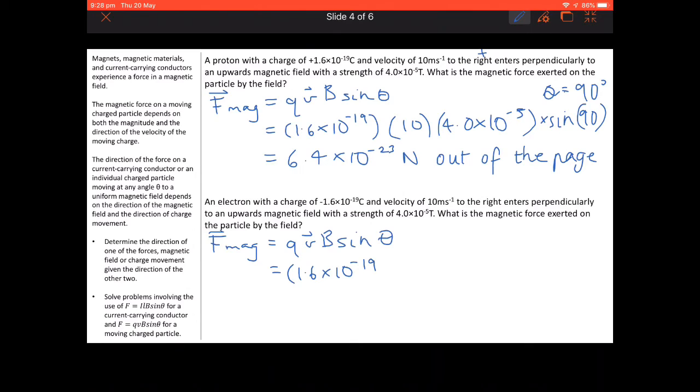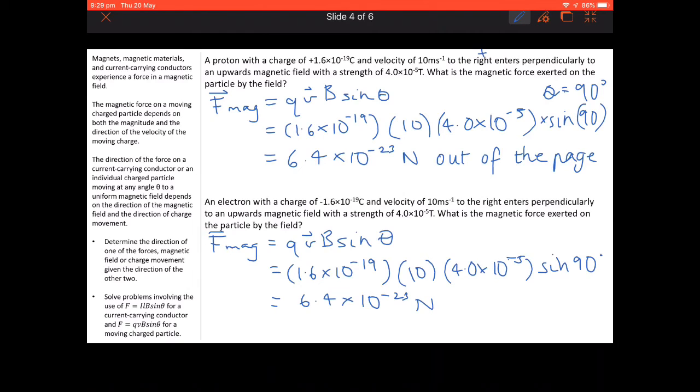I'm going to leave out the negative, and then I'm just going to remember that it's an electron we're talking about, so I'll need to make that adjustment with the right-hand palm rule. 10 to the 5 meters per second is the velocity, and then the magnetic field strength is 4.0 by 10 to the negative 5 teslas, and this is all by sine 90, which of course is 1. So we've got 6.4 by 10 to the negative 23 newtons acting on this electron.